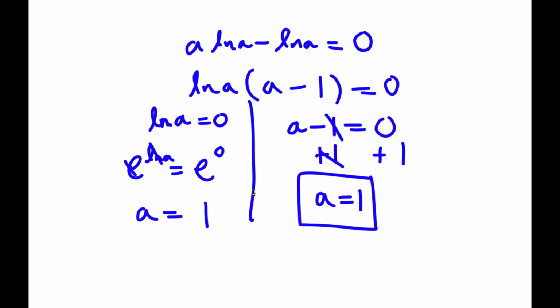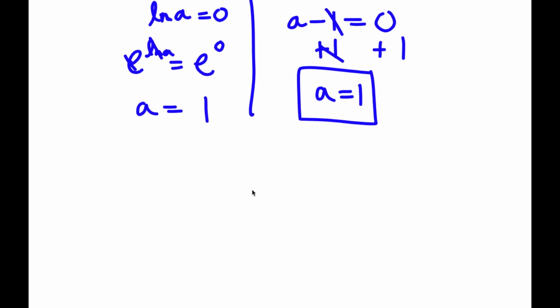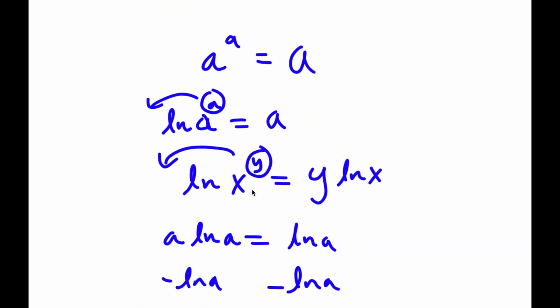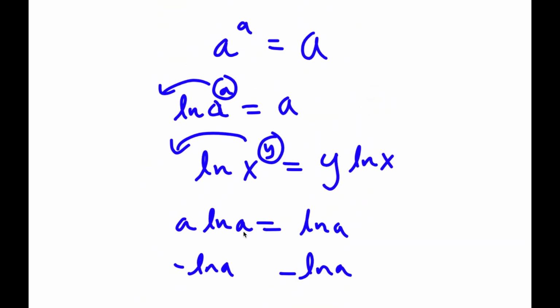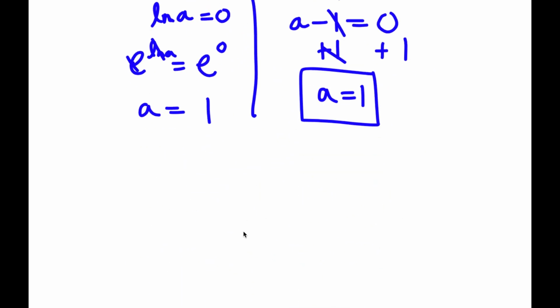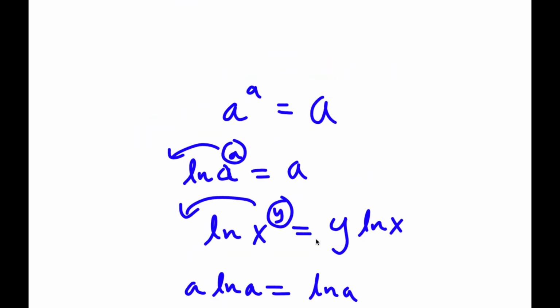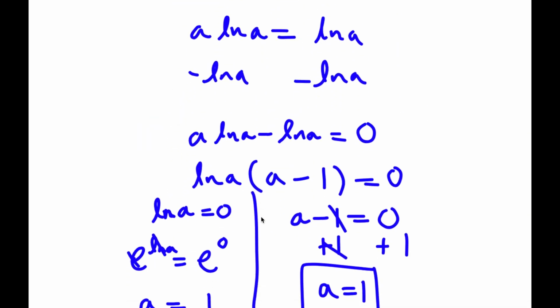So the actual thing, because there is another solution, is that instead of simply taking ln, I'm going to take ln of the absolute value on both sides. So now I have ln of the absolute value of a times a is equal to ln of the absolute value of a. Because remember, over here, I only took the ln normally, but now this is the absolute value.